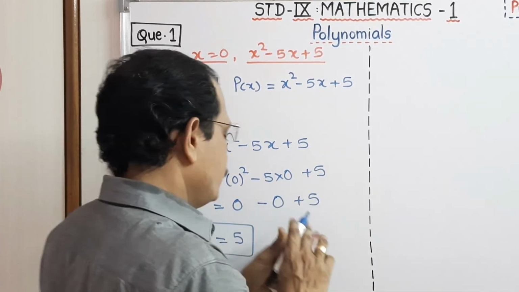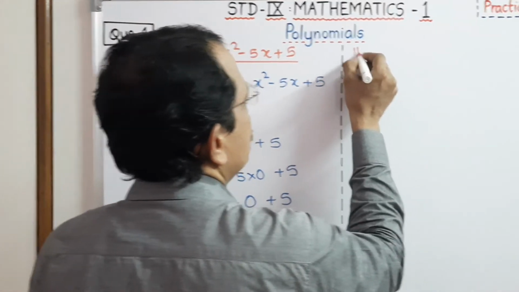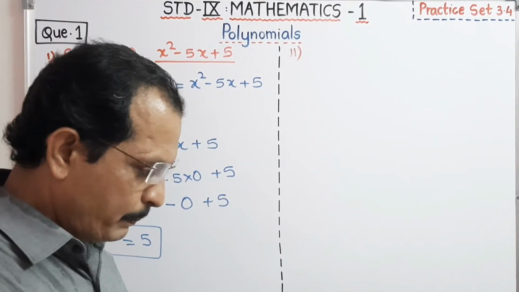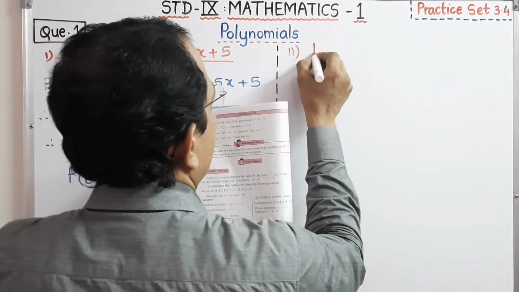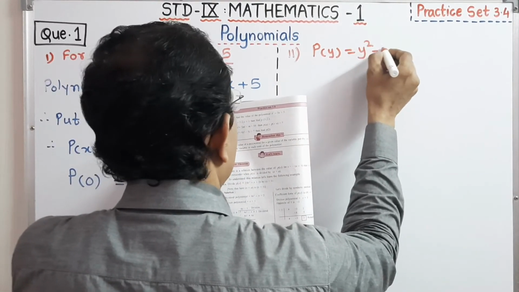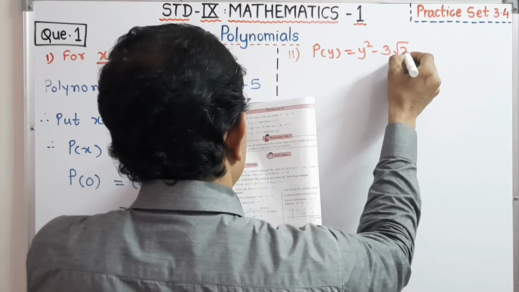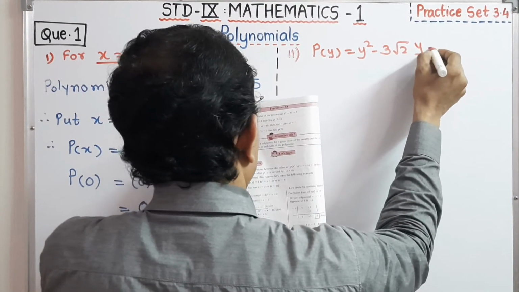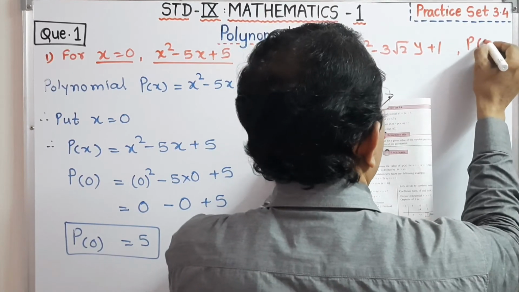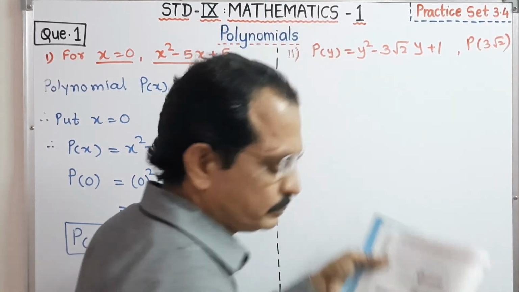Now, dear student, we have to start with the second sum. It is given that p(y) is equal to y squared minus 3 root 2 y plus 1. Then we have to find p(3 root 2).